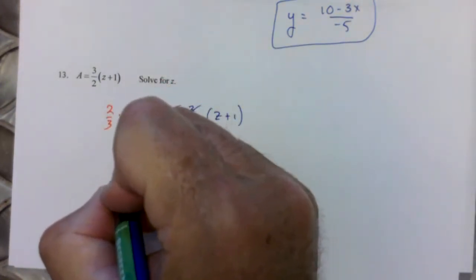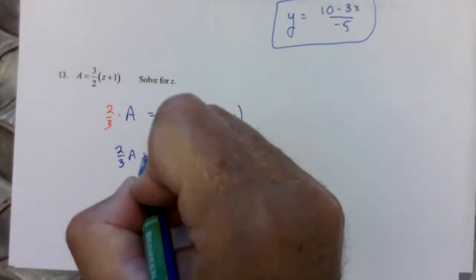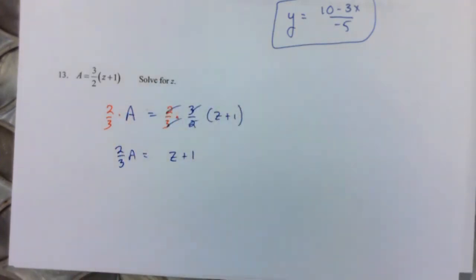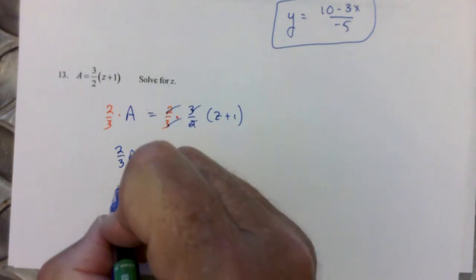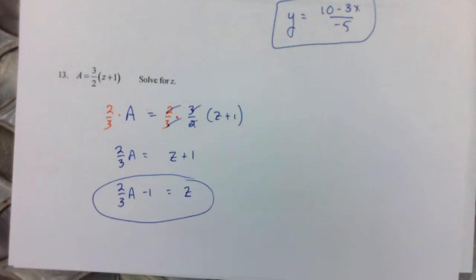So now I have 2/3 A equals Z plus 1. And again, I'm solving for Z. I want to get it alone. So now I'd subtract 1 from both sides, and I'd get an answer for what Z is. Questions?